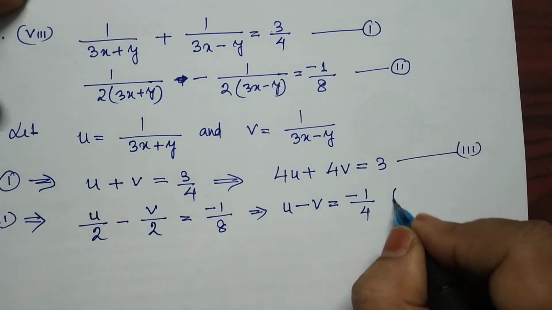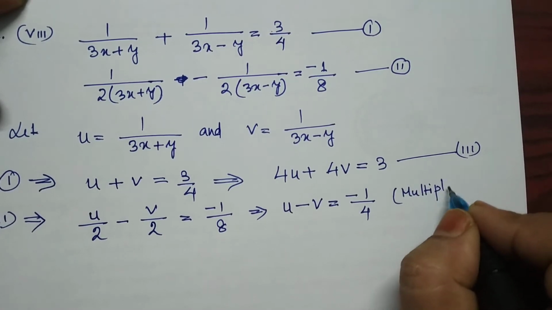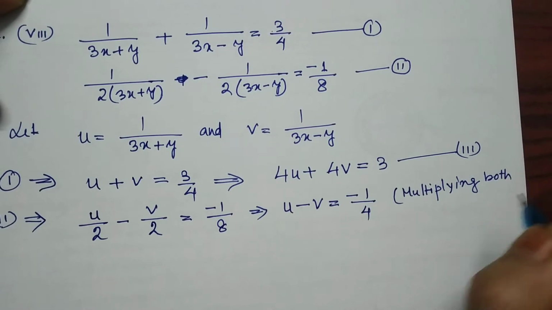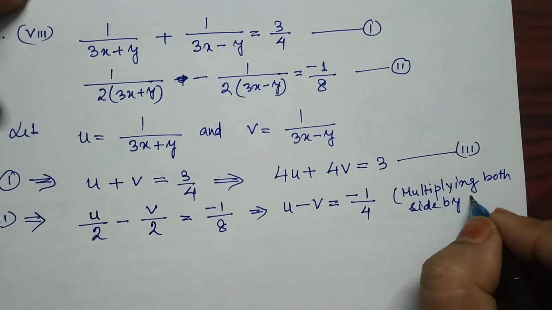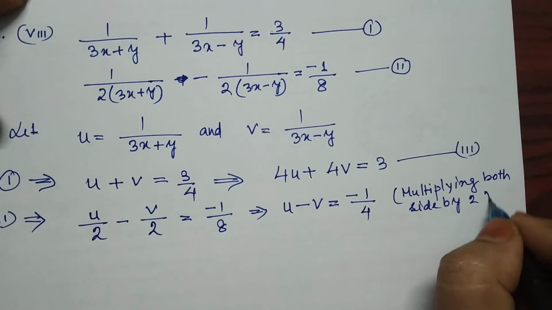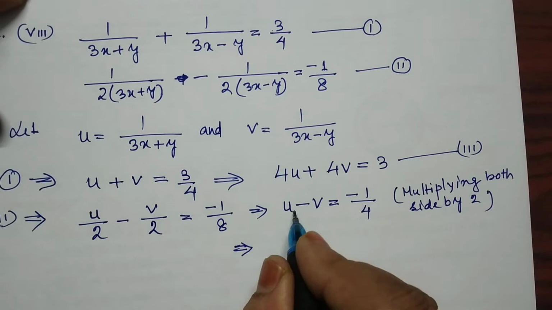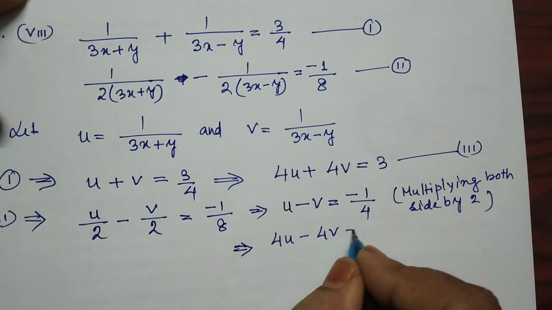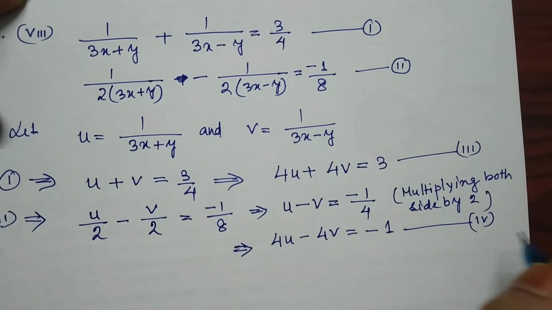Why? Because we are multiplying both sides by 2. Now from here, if we cross multiply, then it will be 4u minus 4v equal to minus 1. This is equation number 4.